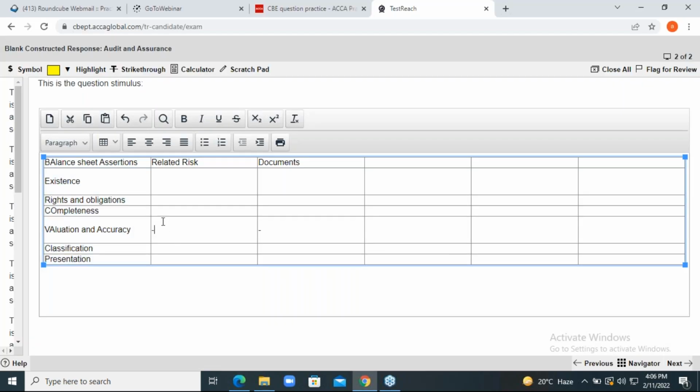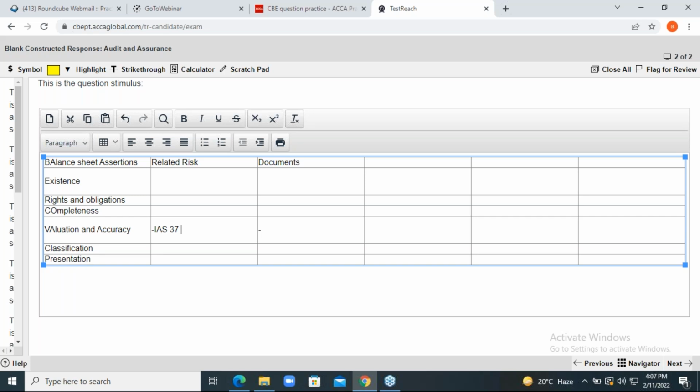The risk was that according to IAS 37, either provision is not recorded, or if provision is recorded, then it is not recorded at a reasonable amount. So if it is probable and the amount is measurable, then provision should have been recorded.